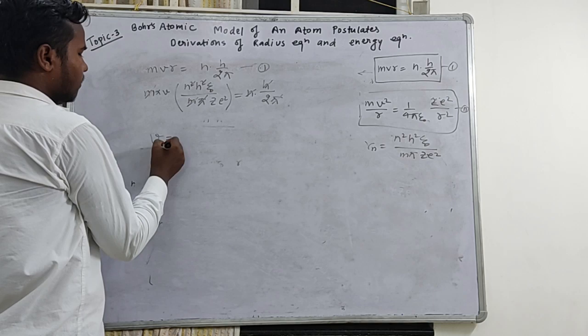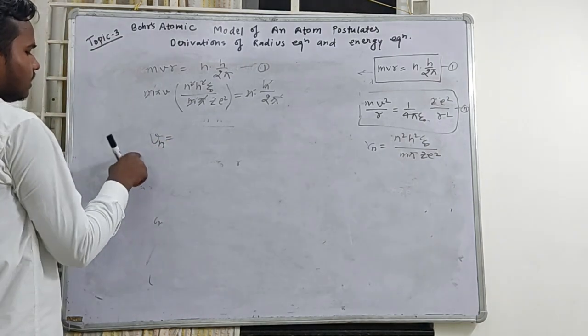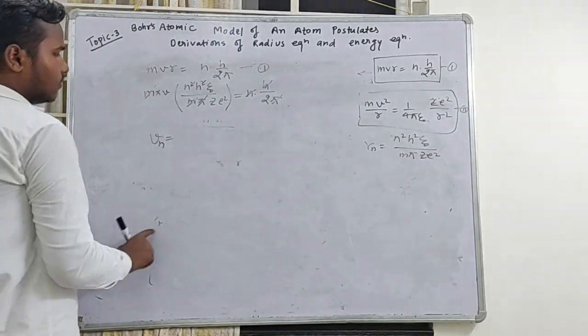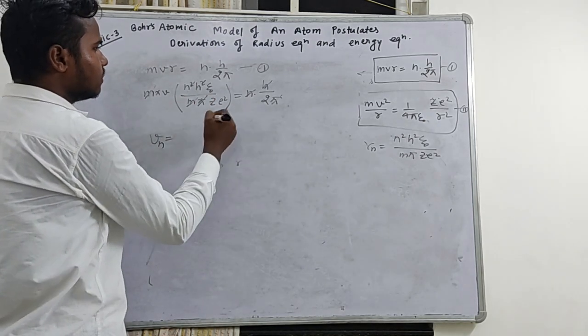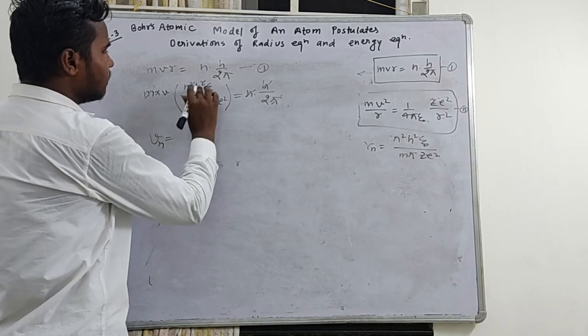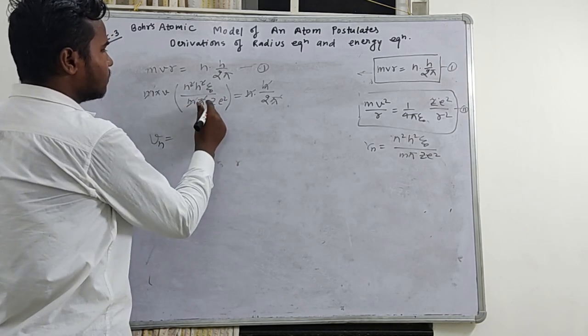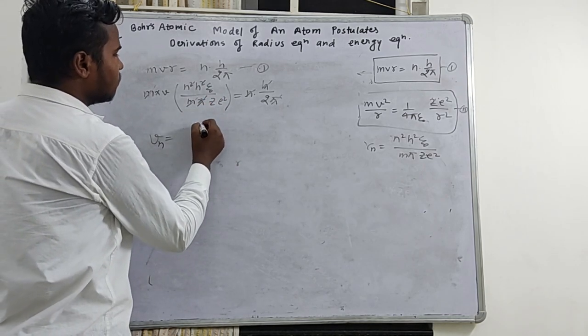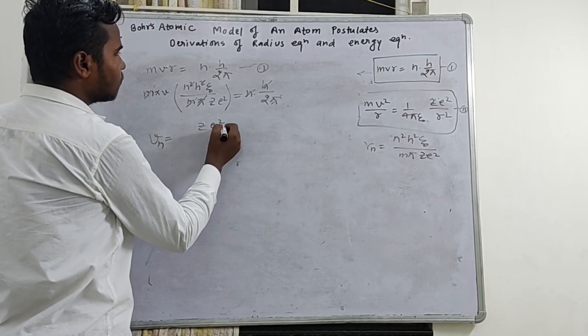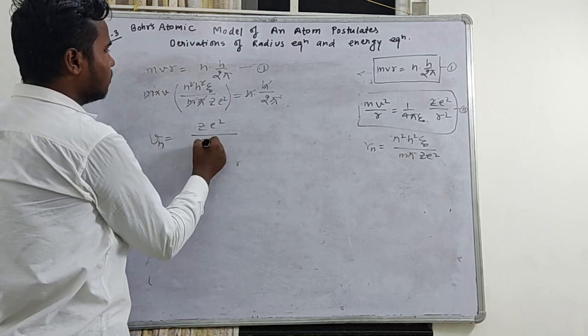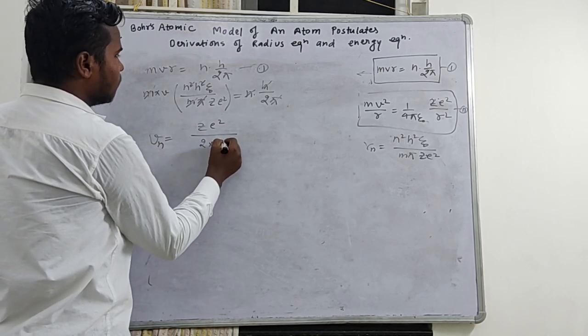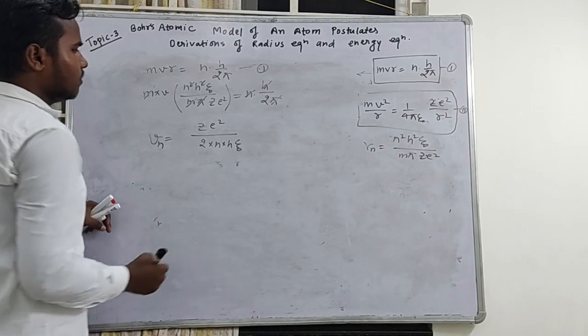So Vn, the velocity of the nth orbit electron, equals z into e square divided by 2 into n into h into epsilon naught.